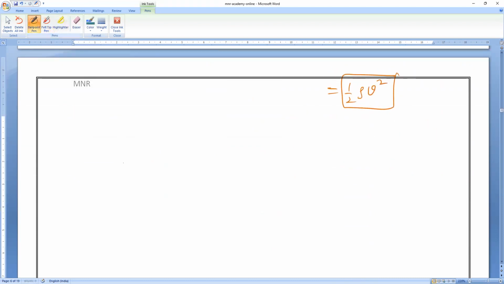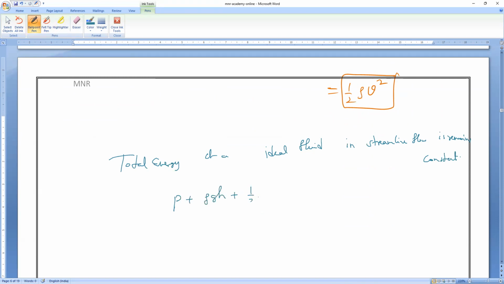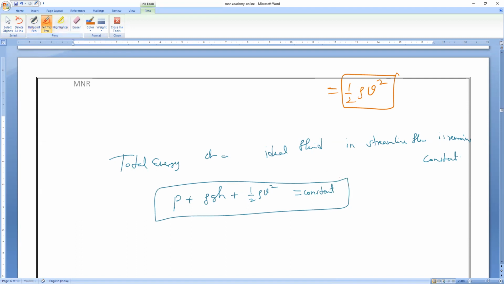That is the reason the total energy of an ideal fluid in streamline flow remains constant. That is called Bernoulli's theorem. That is what you have to remember.